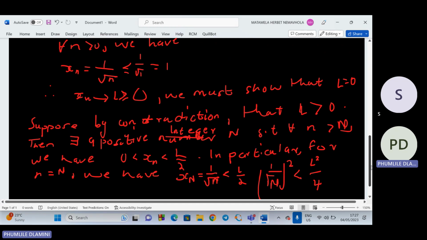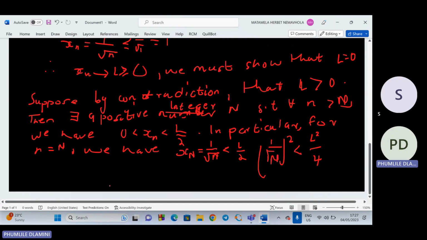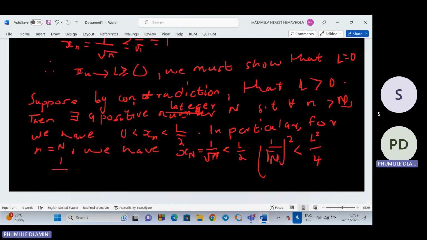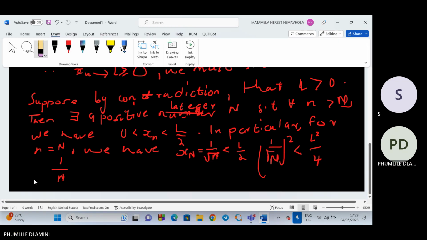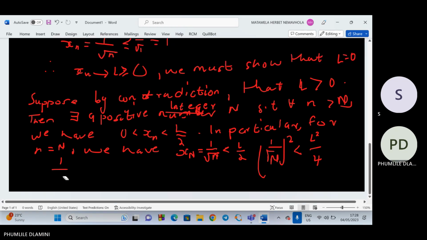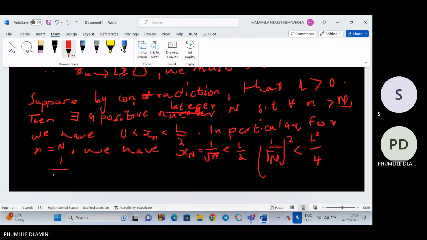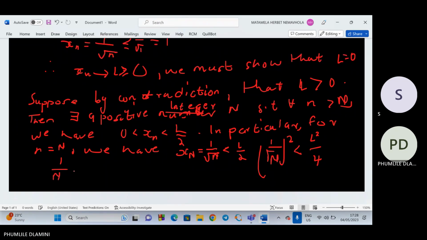Then this gives me 1 over N, because the square of the square root of N is N, which is less than L squared over 4.